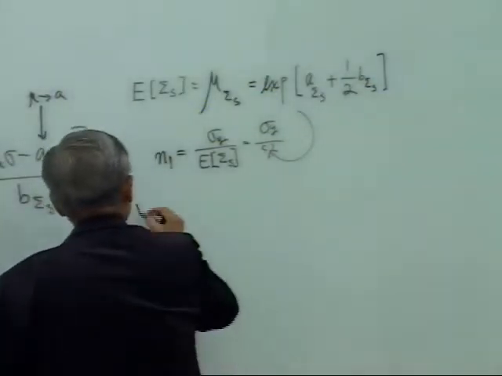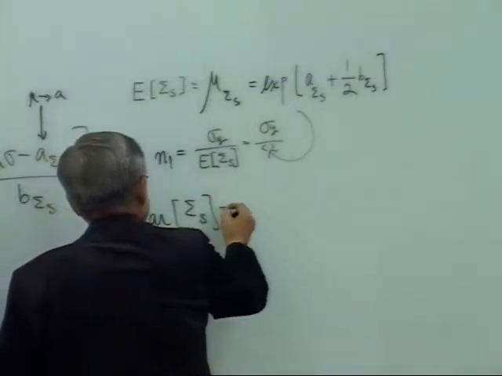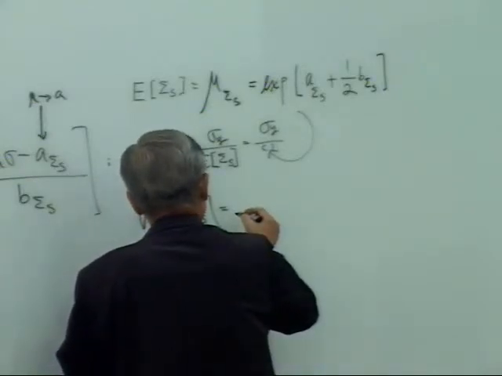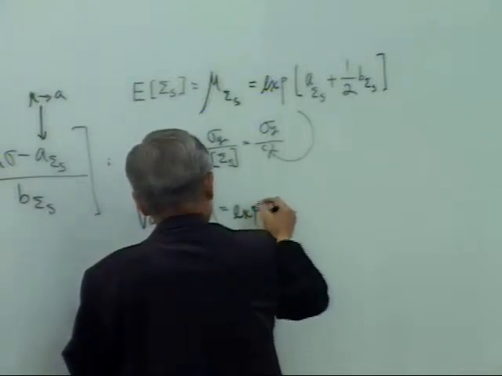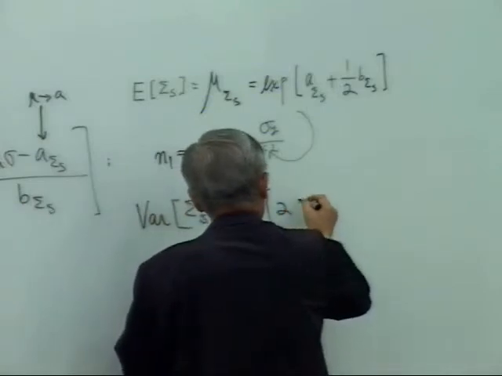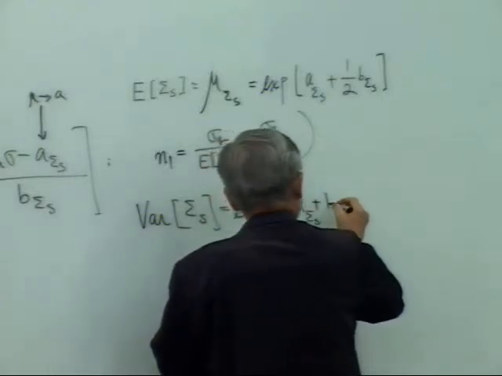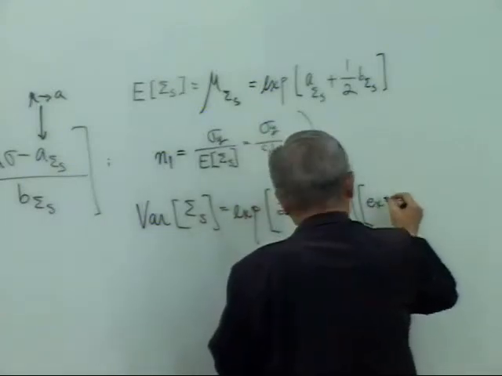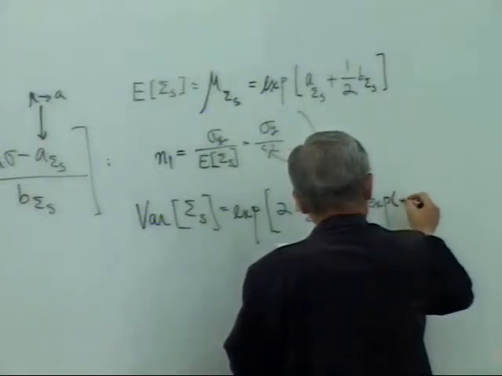So the variance of ES is equal to exponential function 2A sigma s plus B sigma s. Take a look at this.